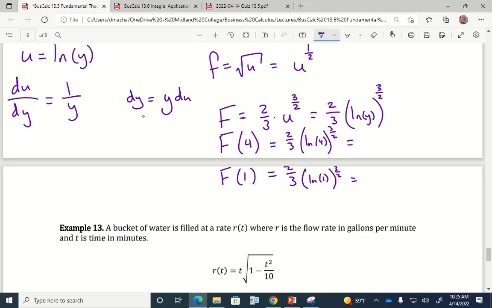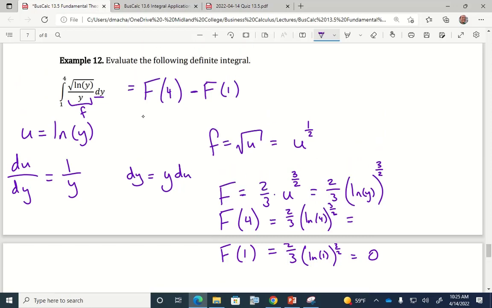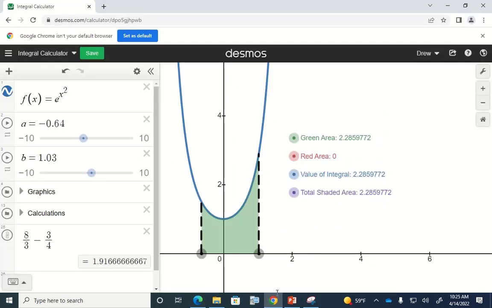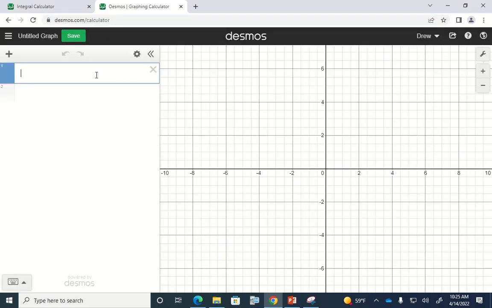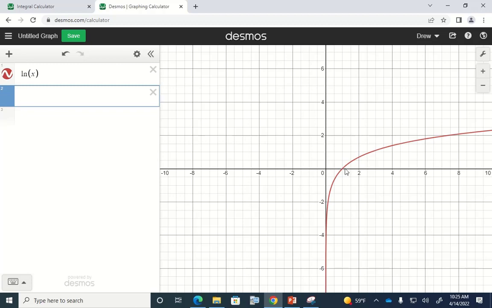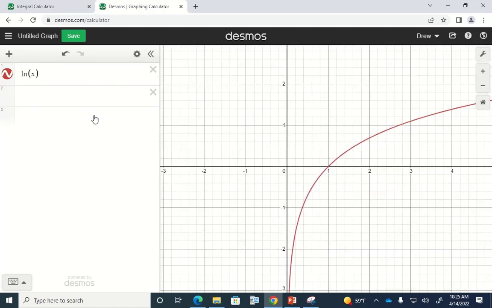So this is 2/3 times 0 to the 3/2 power, so it's all 0. In any case, it turns out any logarithm function is always 0 whenever you evaluate it at x equals 1. So if I have natural log of x, whenever x is equal to 1, the function goes through 0.